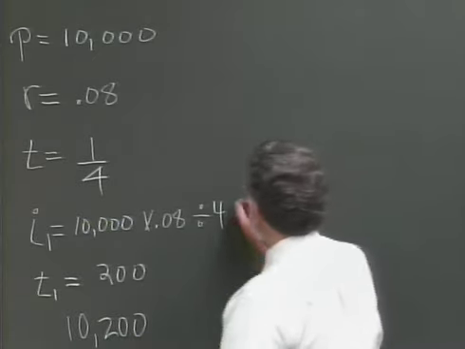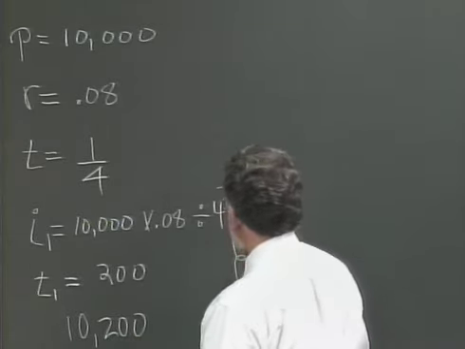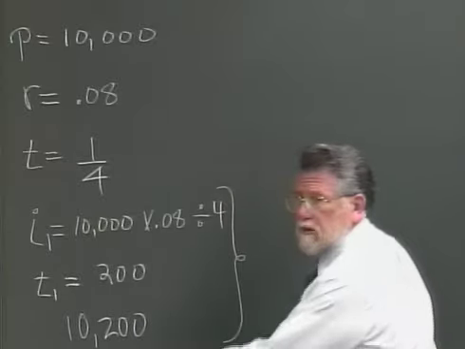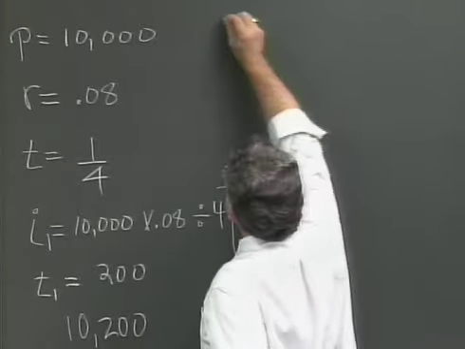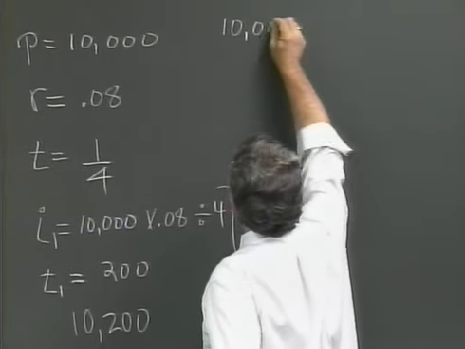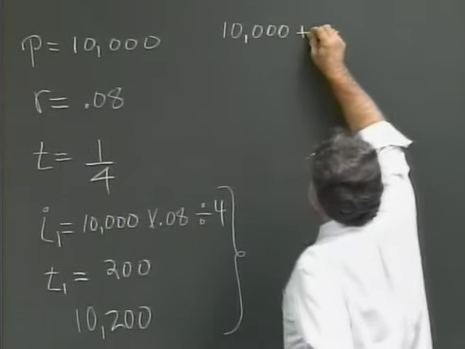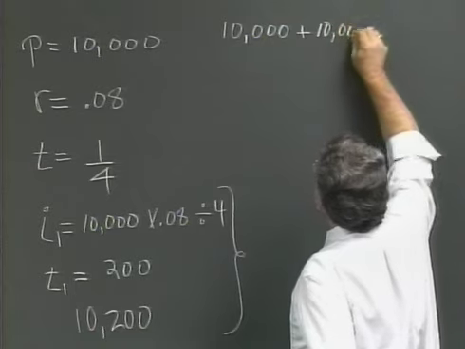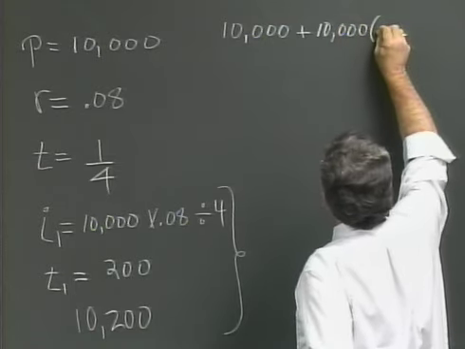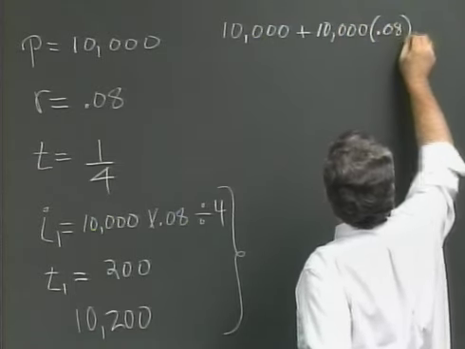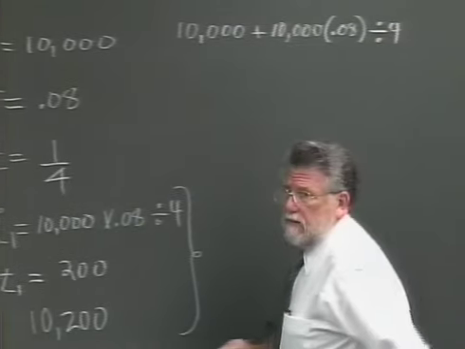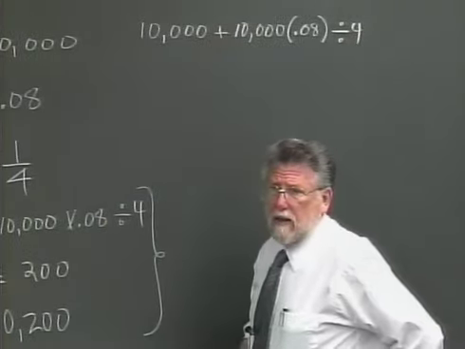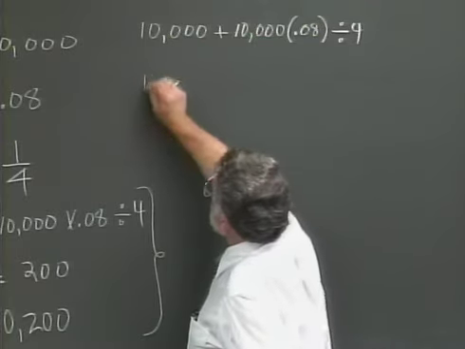I want to look just at this much. Remember we said we had 10,200. So I had 10,000 plus the interest, which was 10,000 times my interest rate divided by 4. Agreed?